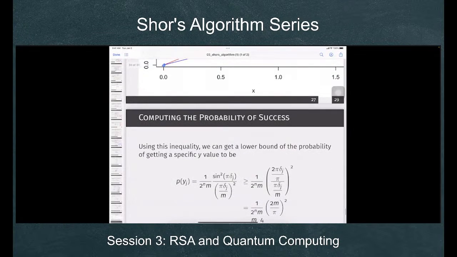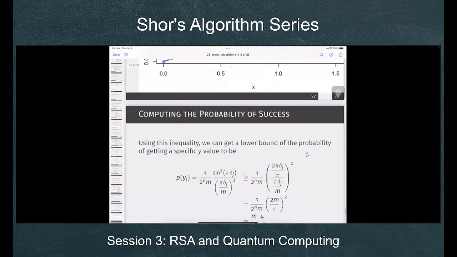So 2x over pi is equal to 2 times pi delta j over pi. So you're left with 2 delta j.